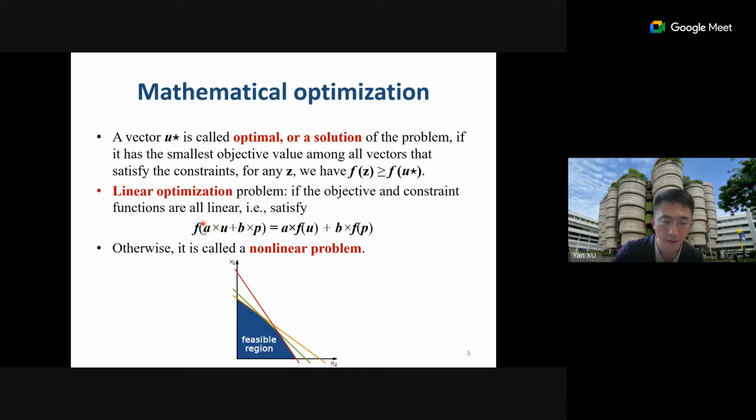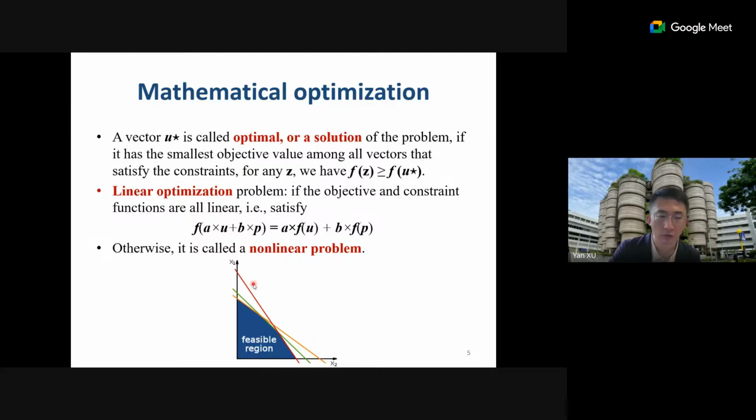If we have f(a times u plus b times p), where both u and p are decision variables, and this f equals a times f(u) plus b times f(p), then this problem is called a linear problem. Otherwise, all other problems which do not satisfy this property are called nonlinear problems.